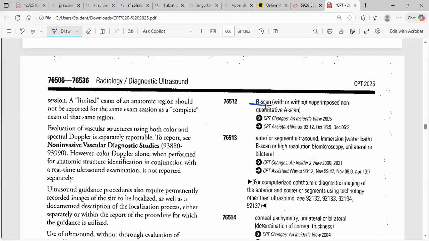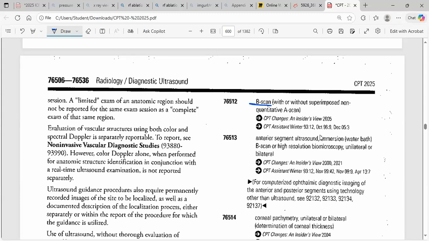So M means motion, B means brightness, A means amplitude. And ultrasound is also available in 3D and 4D scans. So 3D and 4D are the higher-level scans.